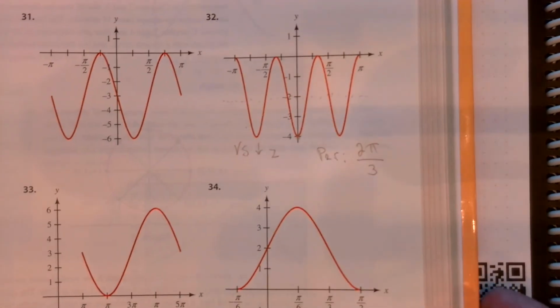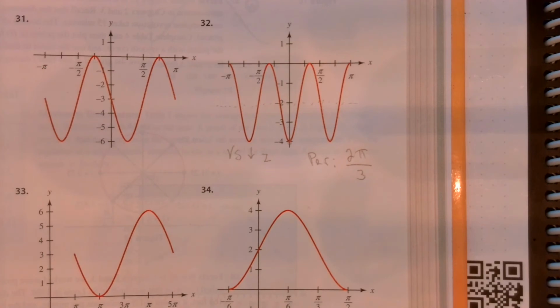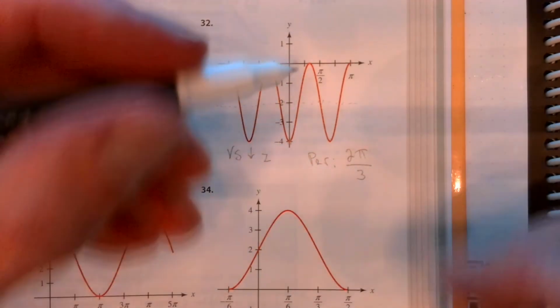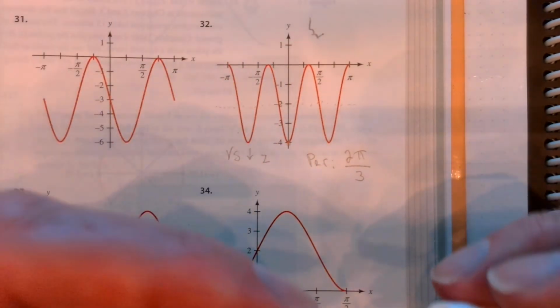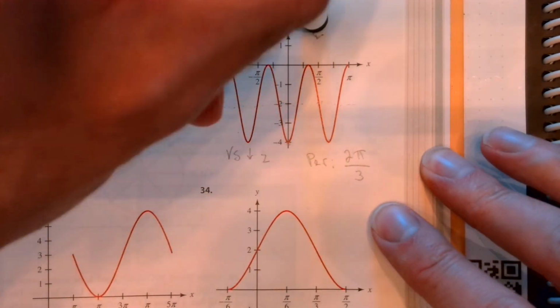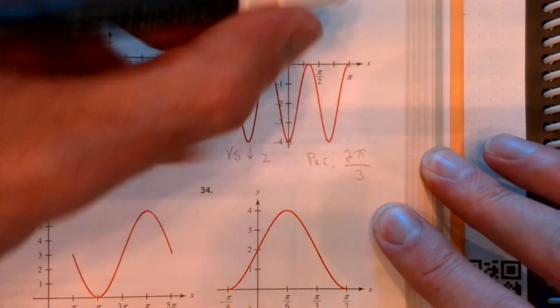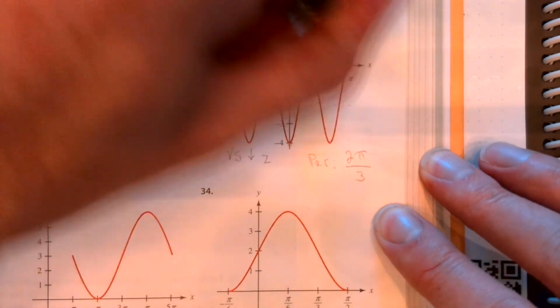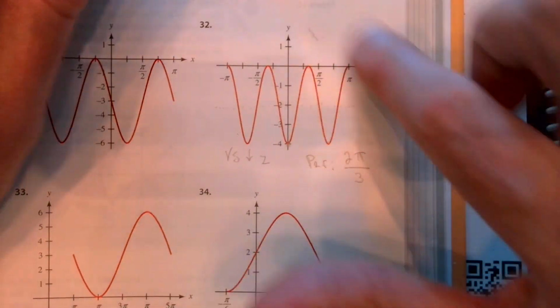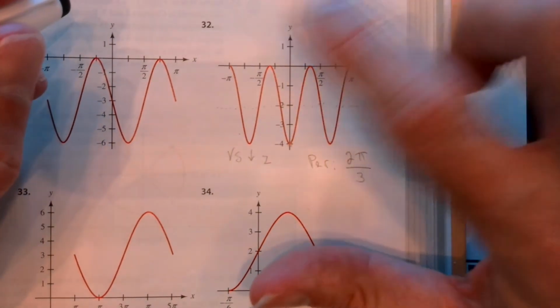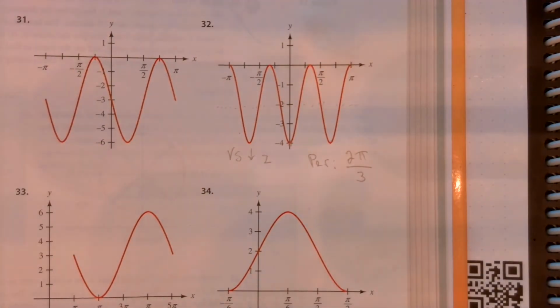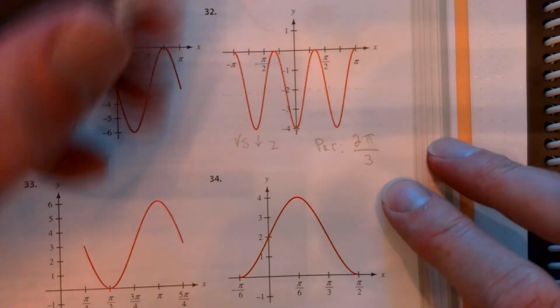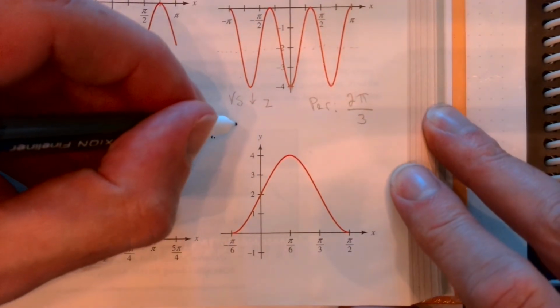So, in fact, I'm just going to write it right here. I hope these pens erase. Okay, they kind of do. So I've got a vertical shift of 2 units down.